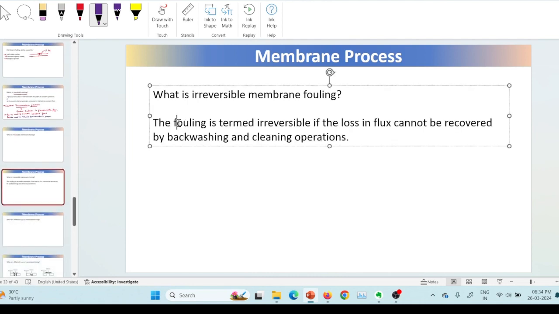Let's understand. The fouling is termed irreversible if the loss in flux cannot be recovered by backwashing and cleaning operations.